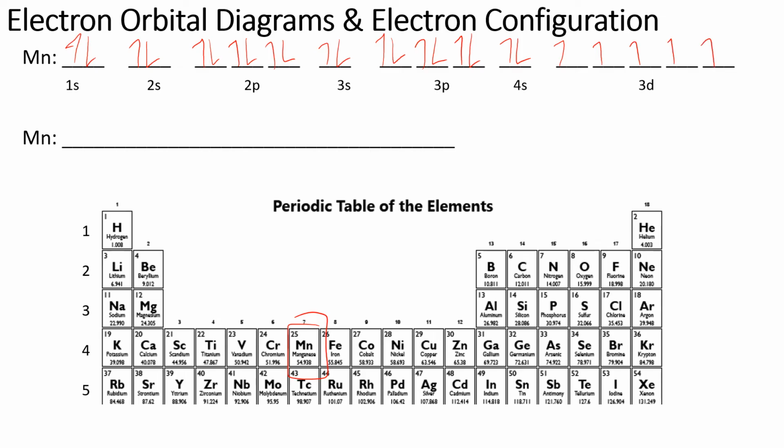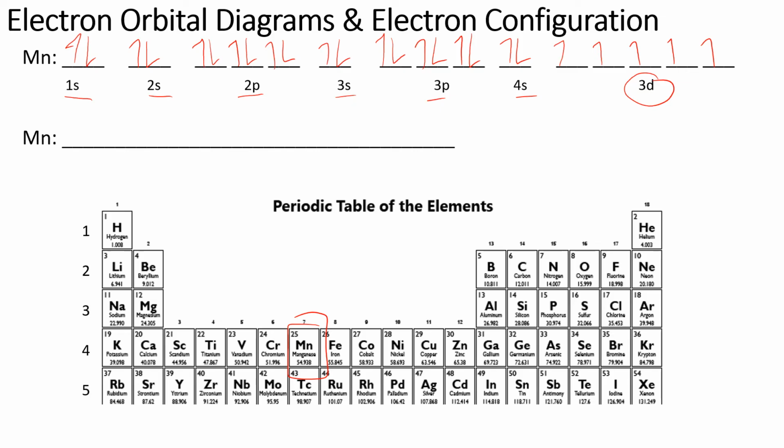Now, something you'll notice is that we are building, right? We've got 1s, then 2s, 2p, 3s, 3p, 4s, and then it goes back to 3d. So this is the weird thing that happens in atoms. And this is not something we made up. This is just what we have observed in atoms.